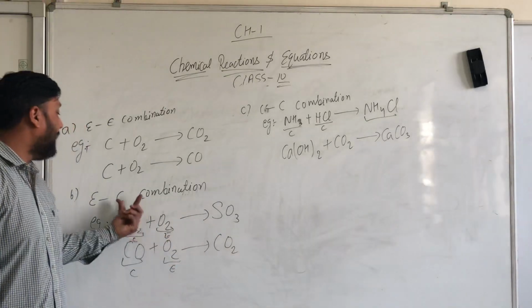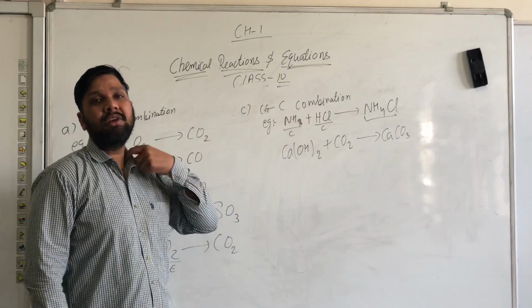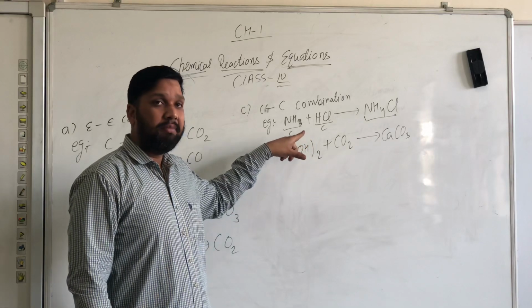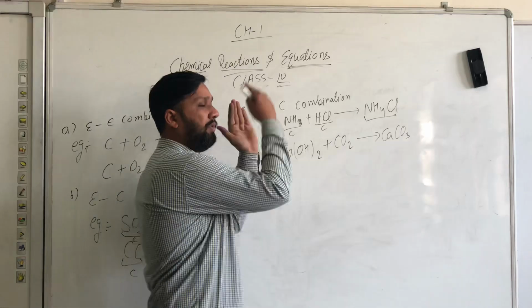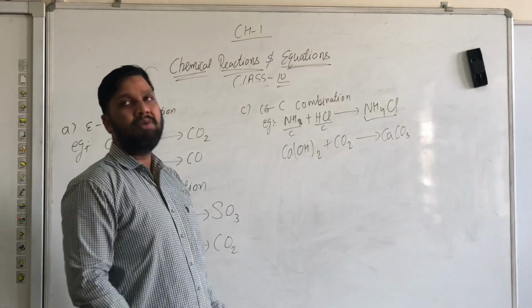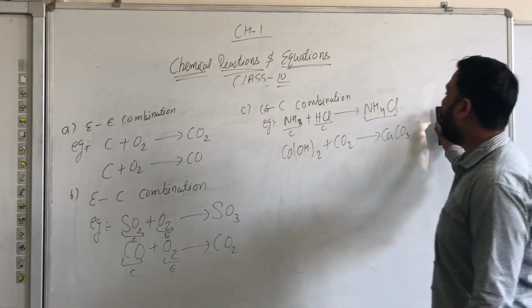This is called element-compound combination. In compound-compound combination, a species containing more than one type of element reacts with another species which contains more than one type of element. This is all about combination reactions.